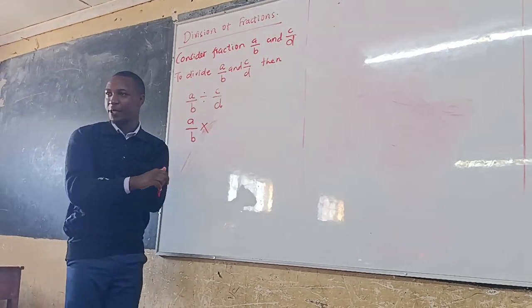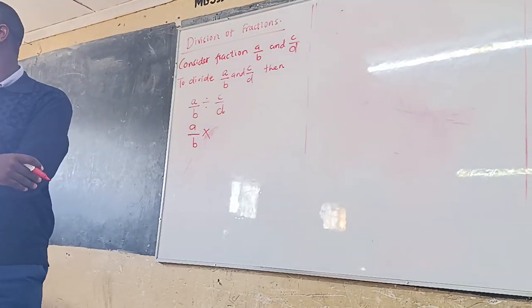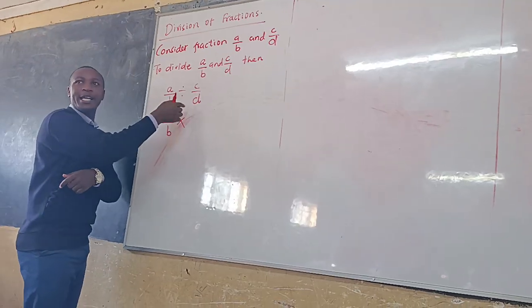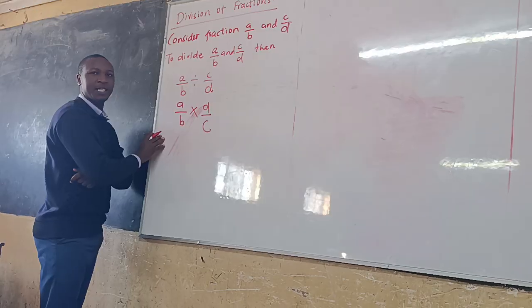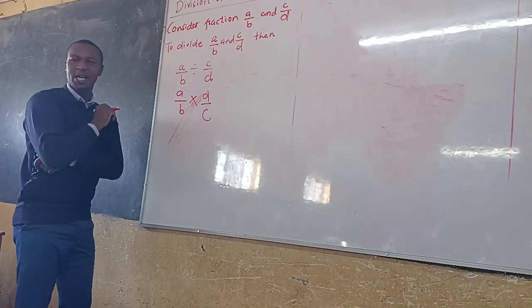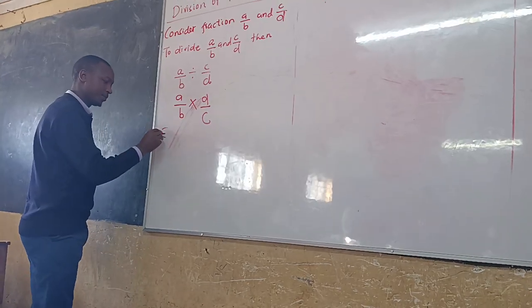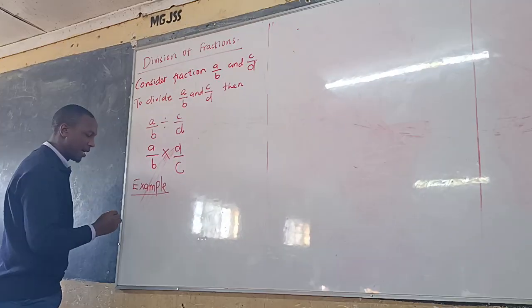You find its reciprocal. The reciprocal is, you take this up, this down. You interchange. So, D over C. Now, for you to understand better, let's do an example. Example. Work out.